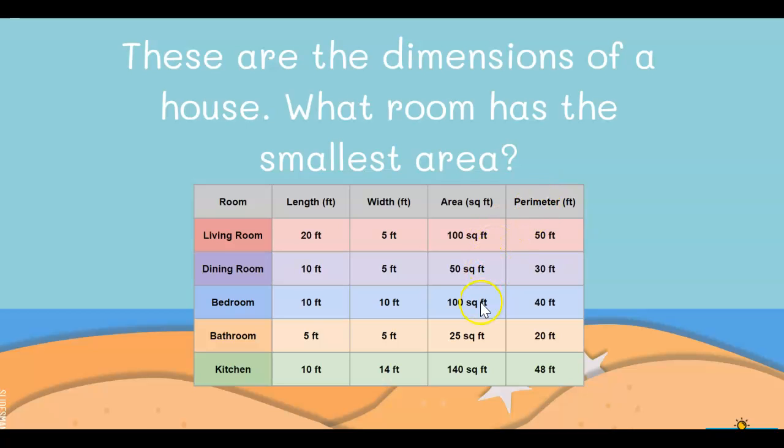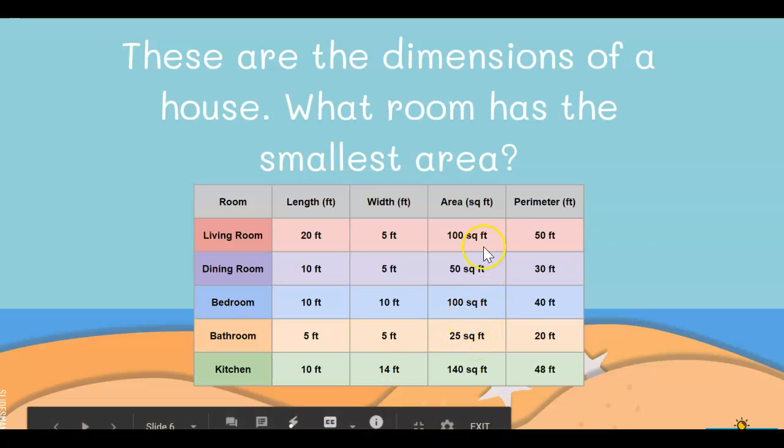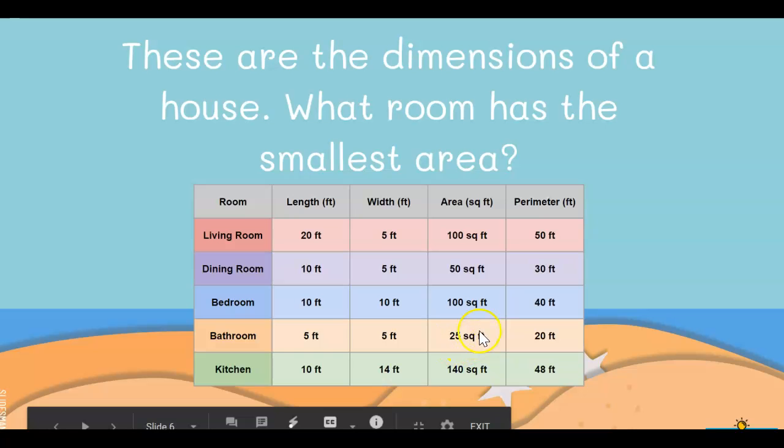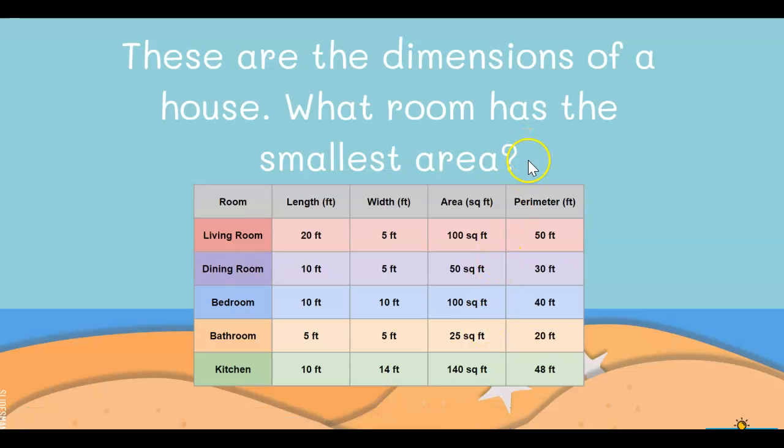And the answer to that one is going to be the bathroom. You got to locate area right here. And when you go down, you see that the smallest number out of all of these is 25 square feet, and that is going to be for the bathroom. Okay. And our next question that's not on here, well, which is the largest area? I'll pause again for a second.